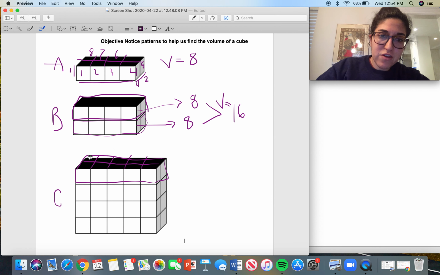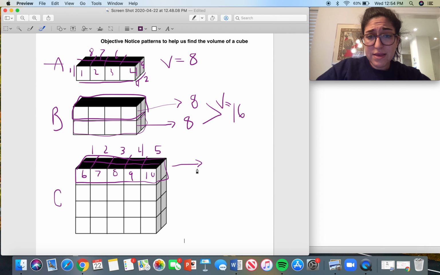So if we count the top layer, we would have 1, 2, 3, 4, 5. Here would be 6, 7, 8, 9, and 10. So just the top layer is 10.